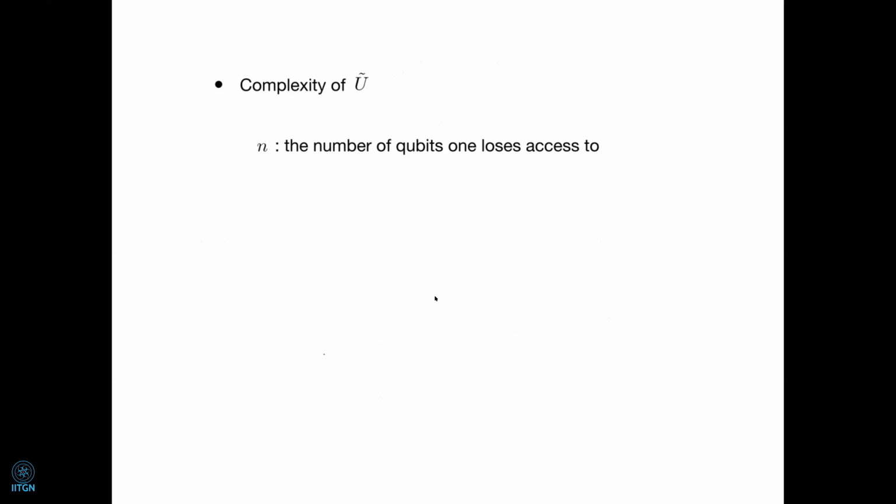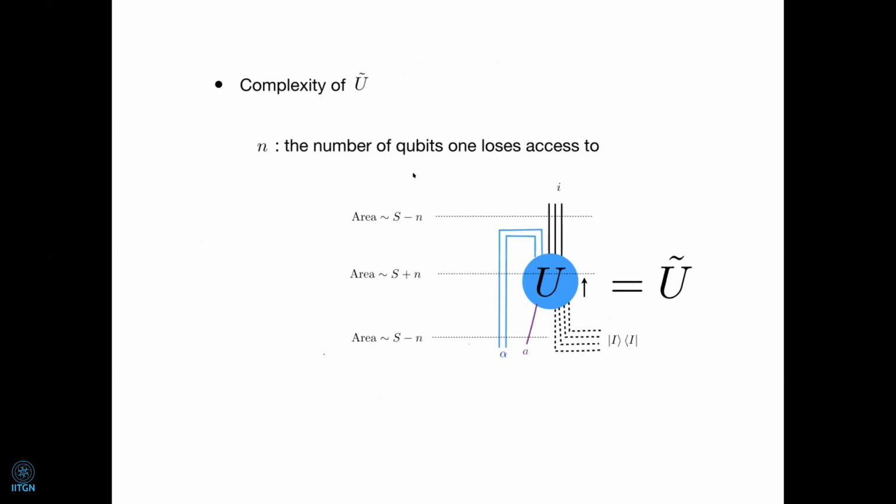In our story, we wrote the Petz map in the form of U total, W, U total dagger, and let's look at what this operator does. We assume the black hole initially has S qubits. So here S is 5. There are 4 lines here, or 1 line here. We call N the number of qubits in A bar, so N is the number of qubits that one loses access to.